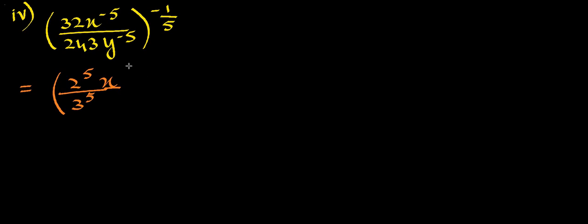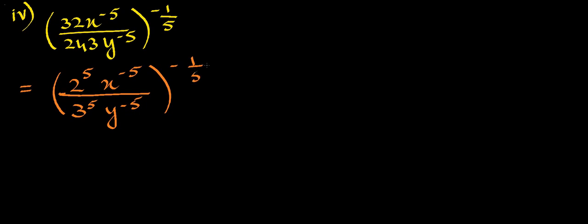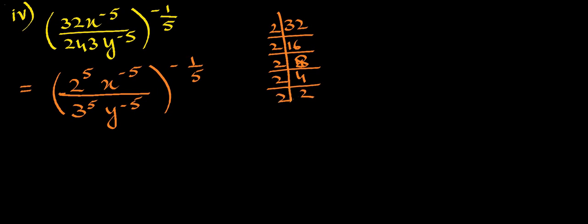So we write it neatly: 2 raised to 5 x raised to minus 5 upon 3 raised to 5 into y raised to minus 5, the whole raised to minus 1 upon 5. And a quick recap of the prime factorization method: 32, 2 into 16, 2 into 8, 2 into 4, 2 into 2, 2 into 1.